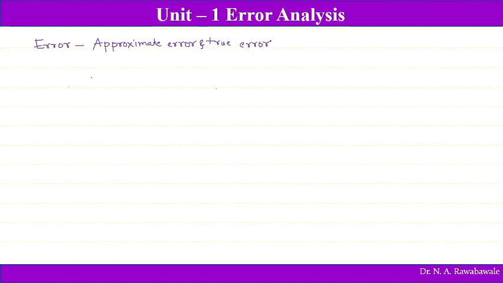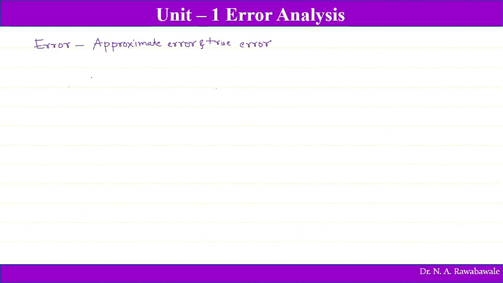Now, numerical error arises from the use of approximations to represent exact mathematical operations and quantities. Generally we represent the expressions using mathematical operations, and certain quantities we approximate instead of giving the exact values, and that introduces the error.